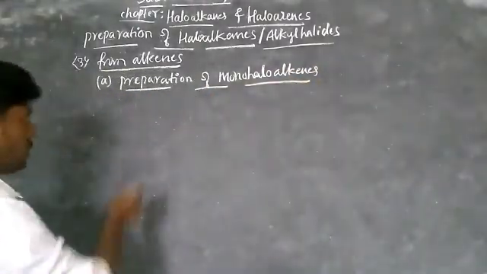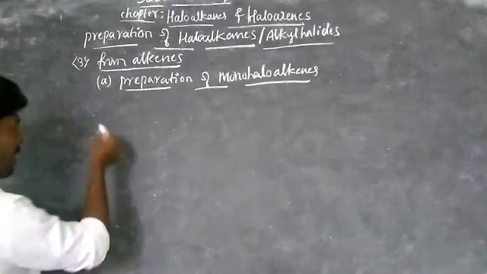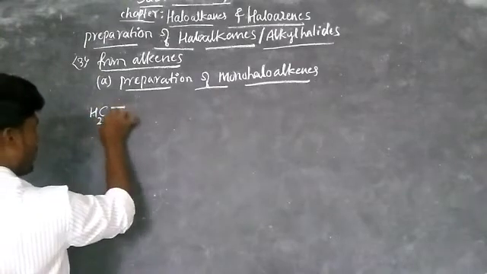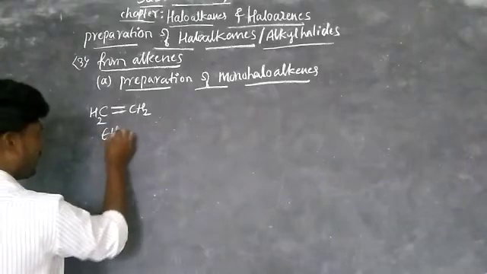So here, to prepare monohaloalkanes from alkenes, take an alkene, generally CH2 double bond CH2, that is called ethene.